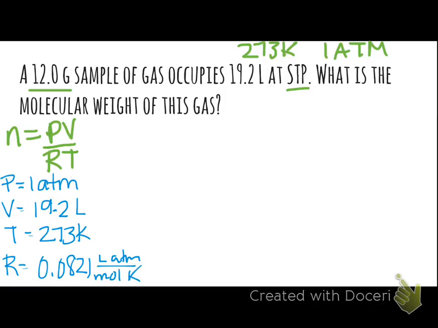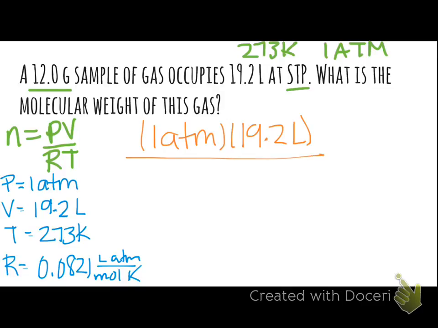Okay, so you already probably know that number already. Okay, let's plug it in our equation. 1 ATM times 19.2 liters, that's our PV, over R, 0.0821, times our temperature, which is STP, so we're at 273 Kelvin.